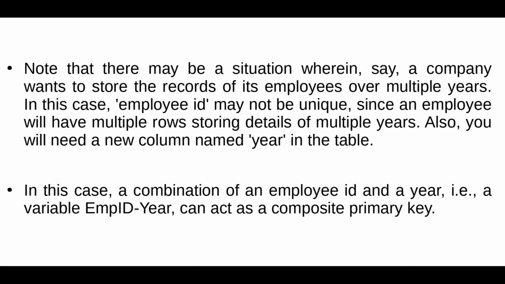Note that there may be a situation where a company wants to store the records of its employees over multiple years. In this case, employee ID may not be unique, since an employee will have multiple rows storing details of multiple years. You will need a new column named year in the table. So in this case, a combination of employee ID and year can act as a composite primary key.